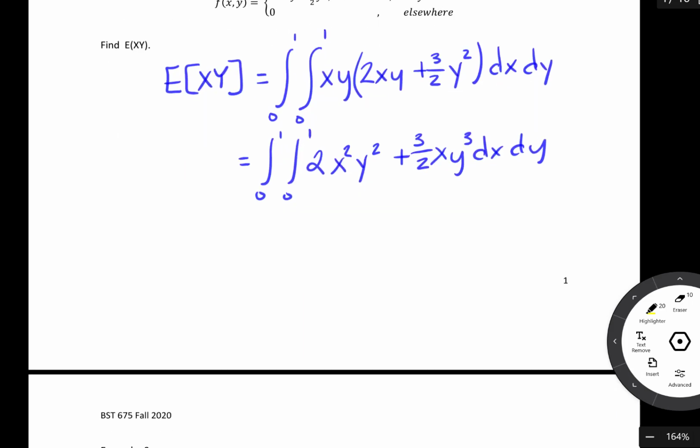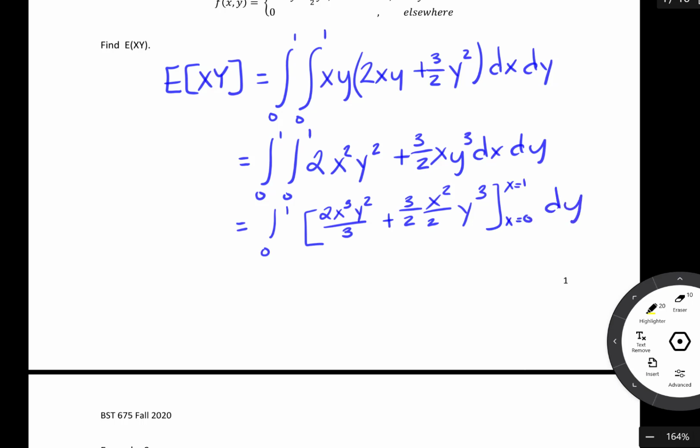Next, I'm going to integrate with respect to x. Here we're substituting in x equals 1 and x equals 0, and if we do the subtraction, you would find the following.